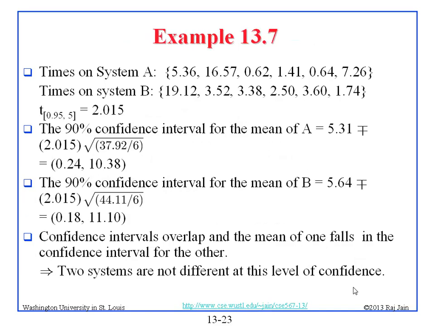So the lowest here is 0.18 and the lowest is 0.24. So where is the mean of B? 5.64 is in here, right? And the mean of A, 5.31, is in here, right? So this is that middle case, that the systems are not different.